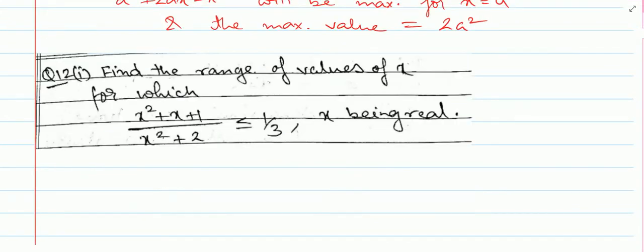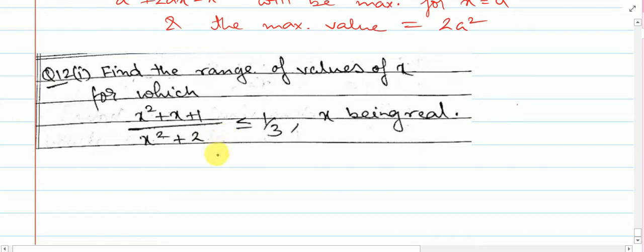So the next question is question number 12.1. Here it says find the range of values of x for which this is true. Now they want you to find those values of x for which this inequality holds.